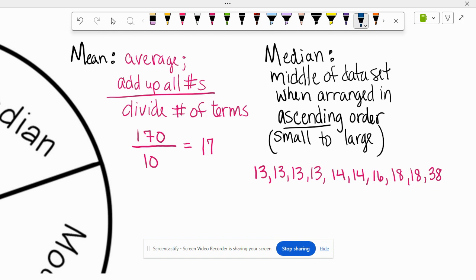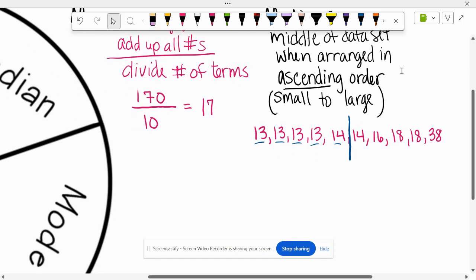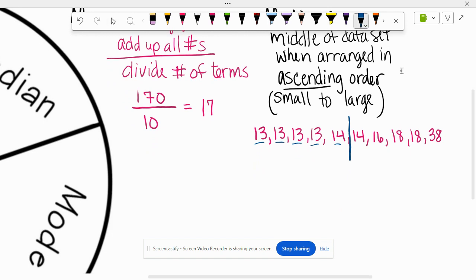Okay. So if I have 10 numbers, what's half of 10? 5. Okay, so let's count. 1, 2, 3, 4, 5. So right here is the middle, right? Right in between 14 and 14. What number is right in between 14 and 14? When you have an even number of data points, you're really finding the average between those 2 points.